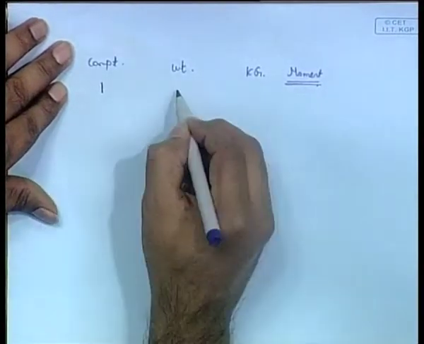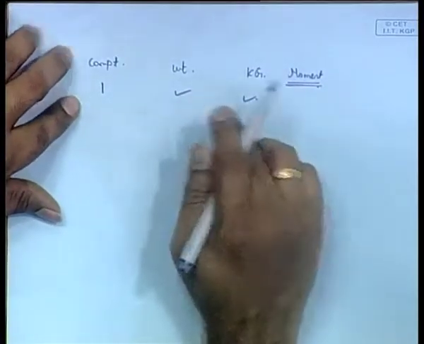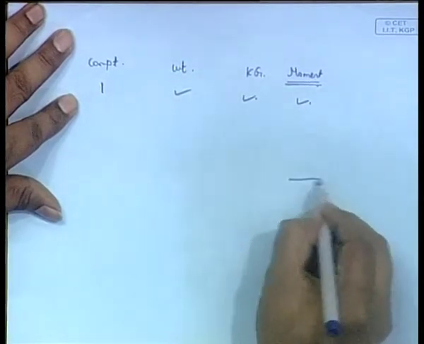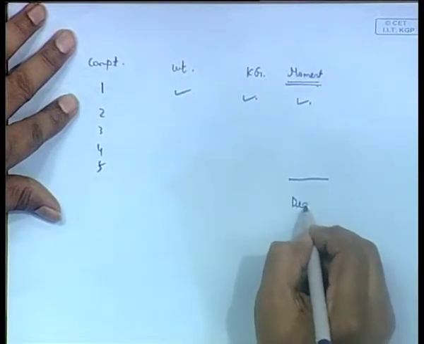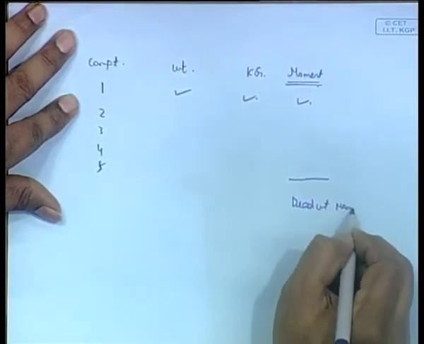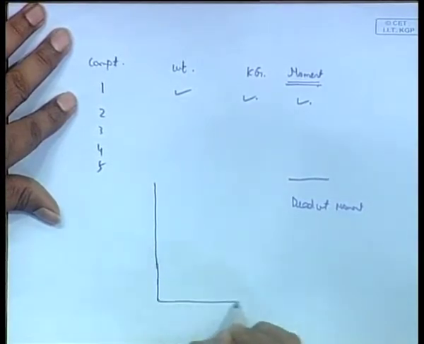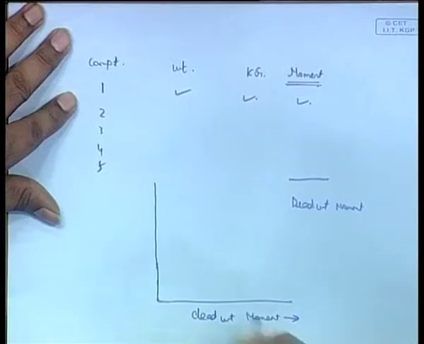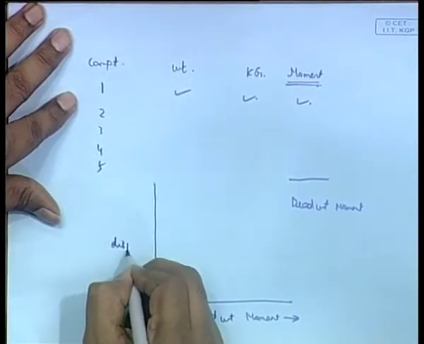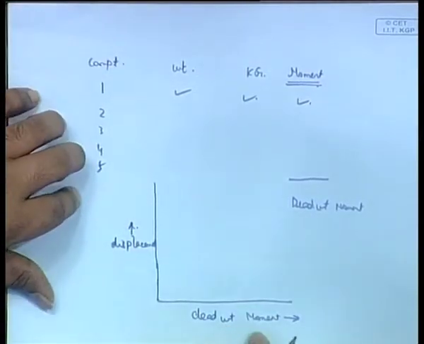For each compartment you are given the weight and the KG, so you multiply the two to get the moment, and you sum up all the compartments to get the total dead weight moment. In fact, there is a chart given like this, which says displacement versus dead weight moment.